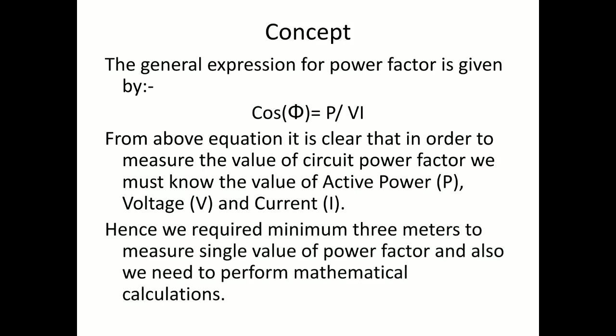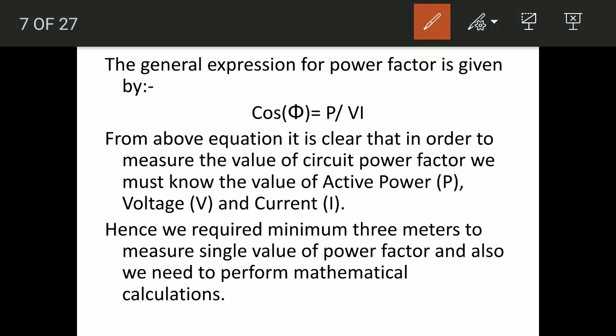So this is a very time consuming process. We are interested in measuring only a single quantity, that is power factor, and for its measurement we need to measure three quantities: active power, voltage and current. And we are not getting the value of cos phi directly. By knowing the values of P, V and I, we need to use this mathematical equation to calculate the power factor.